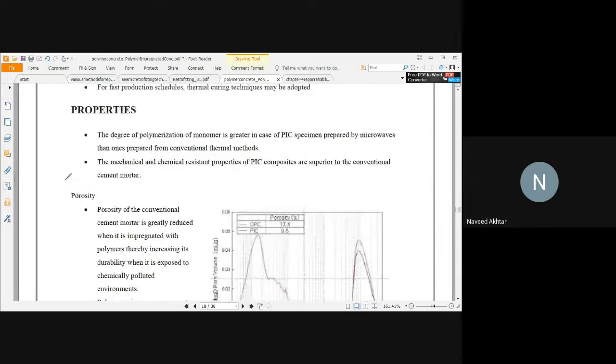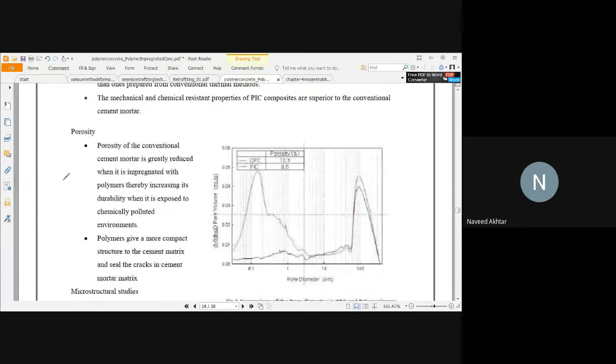Then the properties of polymer impregnated concrete: the porosity of the conventional cement mortar is greatly reduced. For polymer impregnated concrete, PIC, the porosity is only 9.8%, as compared to ordinary Portland cement, where the porosity is more, around 17.3%.